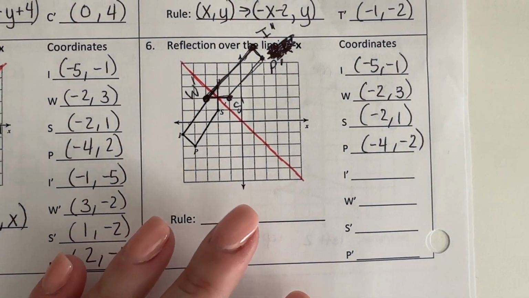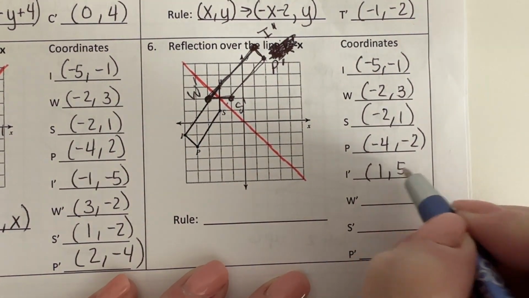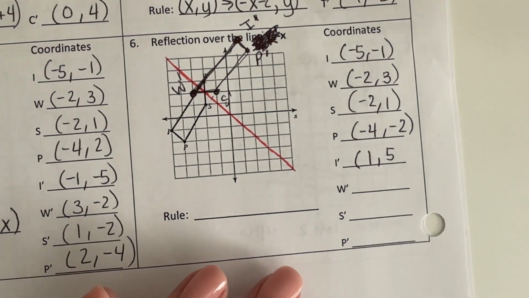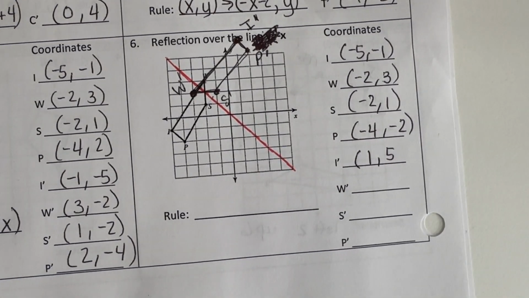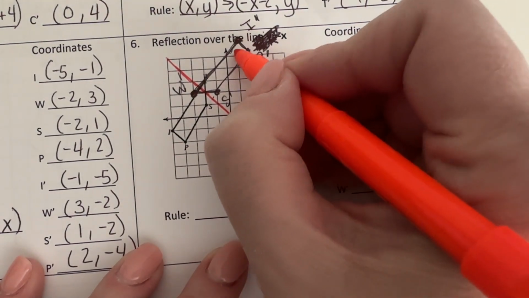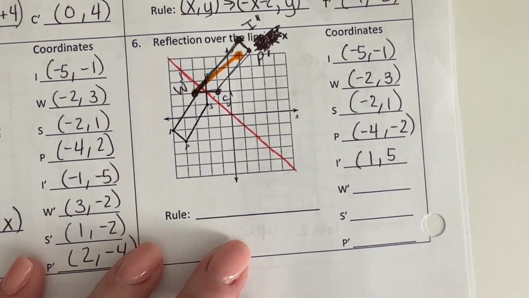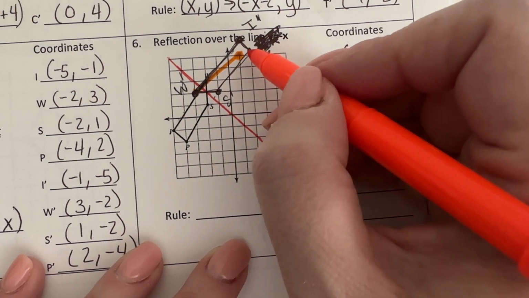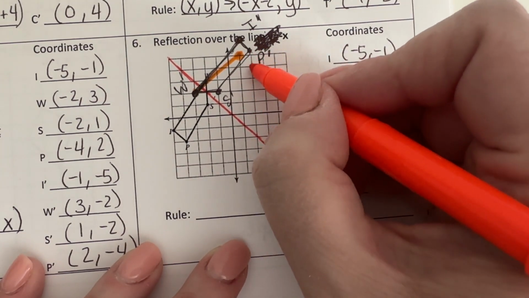Now, our coordinates on this, I'm going to have 1, 5. I think I went a little too high on that. Let me redraw that little piece there. I'm going to do it with highlighter just so it'll stand out. It's supposed to be 1 and 5, so it should have gone to there. And then my P should have been a little bit more over and a little lower.